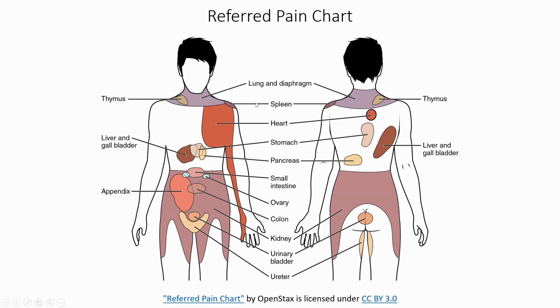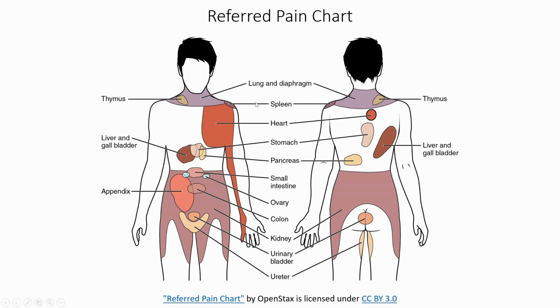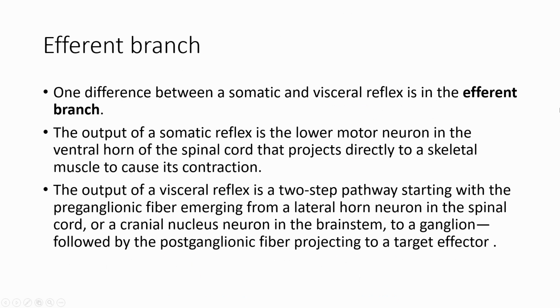The difference between the somatic and the visceral reflex is the efferent branch. This is how we deal with output. We see a similarity between the somatic reflex and the visceral reflex when we bring information in, which is why we can have this crossover with referred pain.